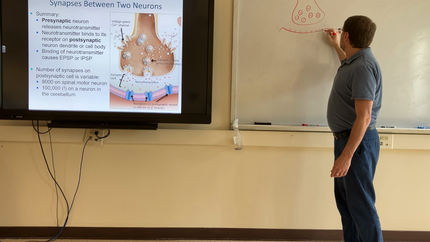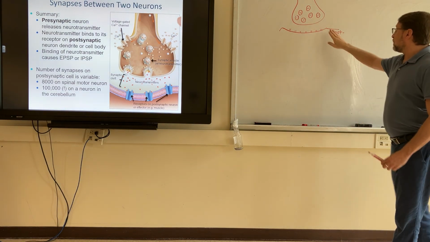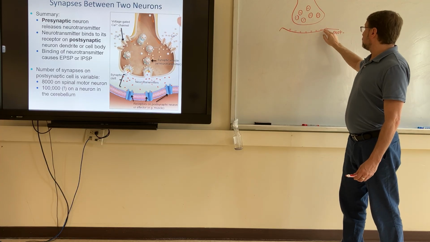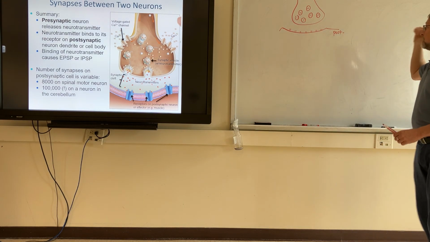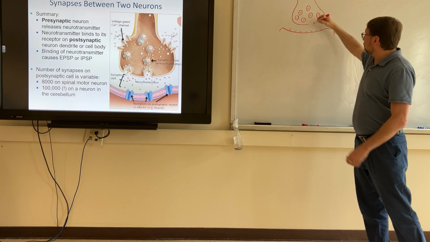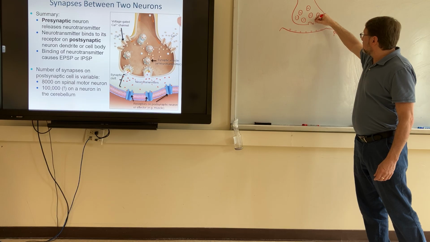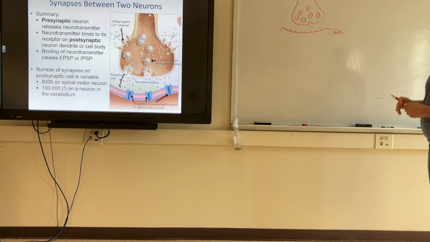And this presynaptic neuron can make different neurotransmitters. He doesn't have to have just one. So I can have different receptors for different ones here, but I can only release one at a time. So whatever the message is going to be, that's the neurotransmitter that gets released. And as we talked about way at the beginning of the course, we bring a vesicle to the membrane, they fuse, we use ATP to dump, and we release the chemicals into the synapse.